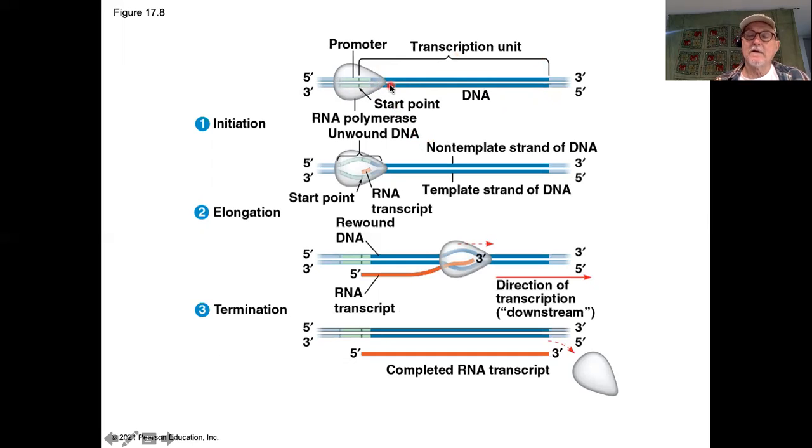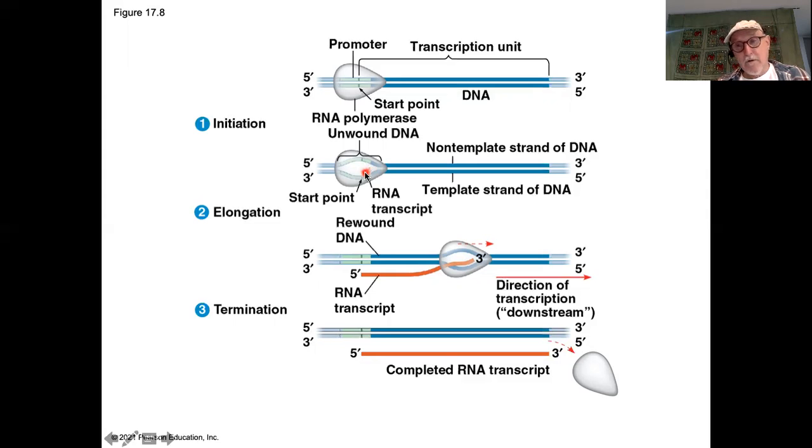So the process begins, we're upstream of the gene. It begins with the attachment of a whole set of enzymes and proteins, including an RNA polymerase. And here's our RNA polymerase. What it does is it unwinds the DNA for a little bit, and it lays down the first RNA.